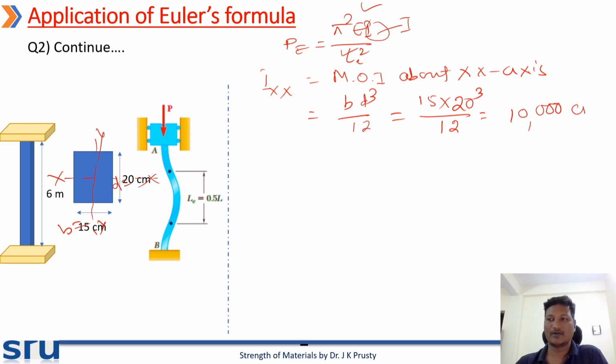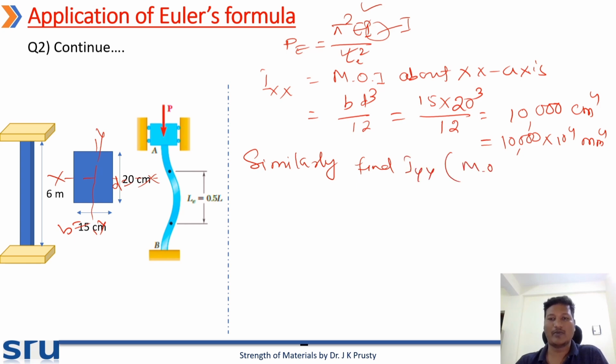If you calculate this, you will get 10,000 cm4, or 10,000 into 10 to the 4 mm4. Similarly, find Iyy, which is nothing but moment of inertia about y axis.